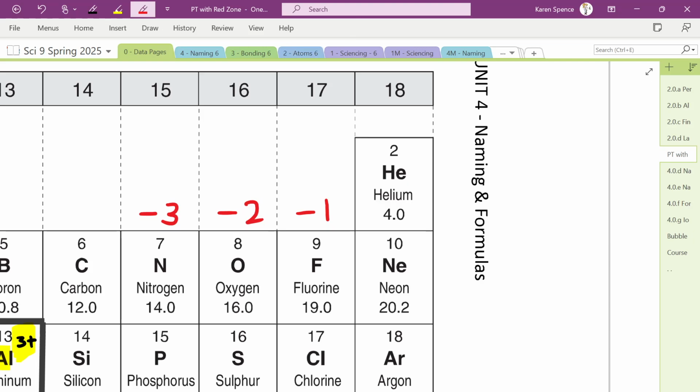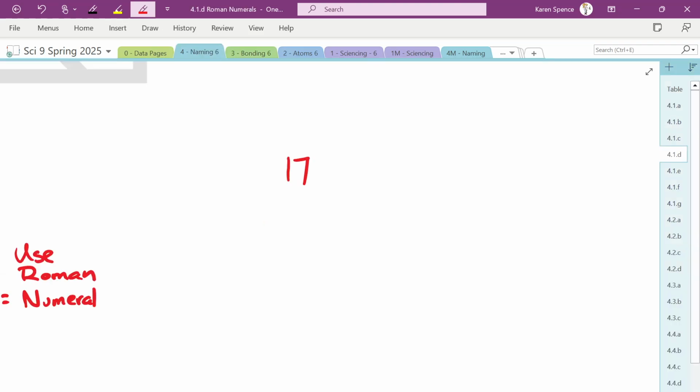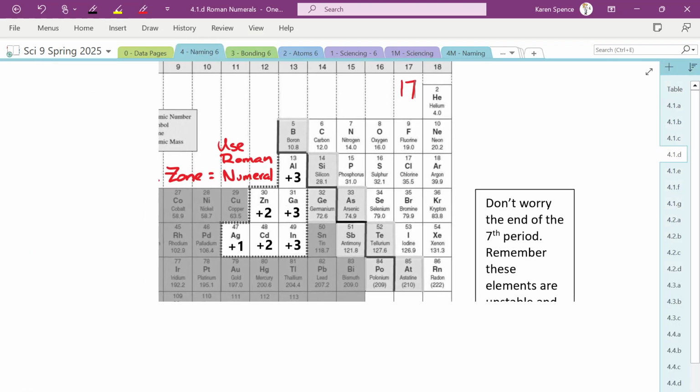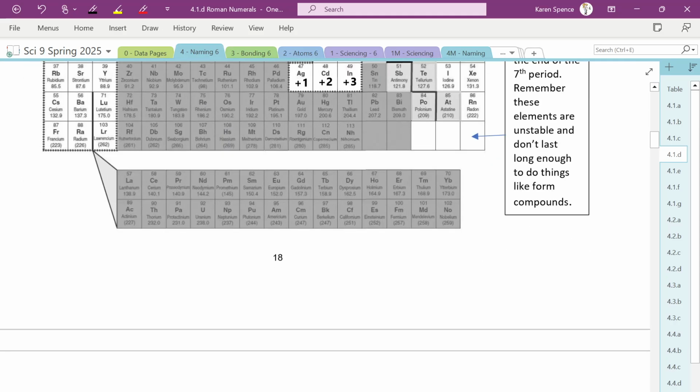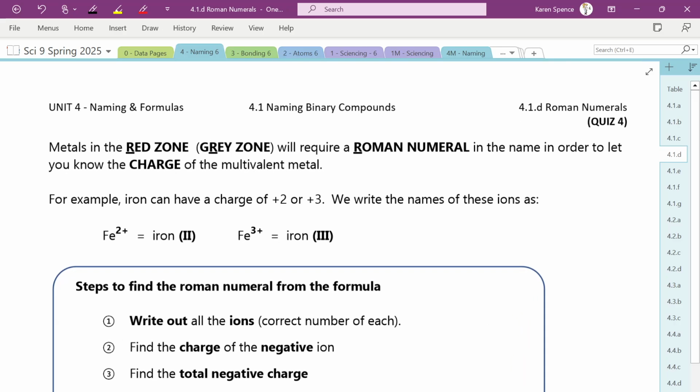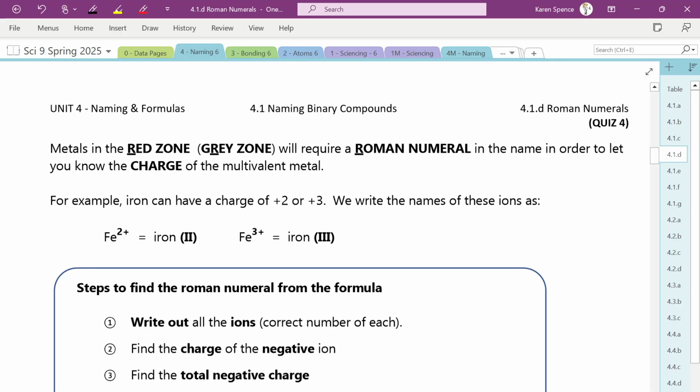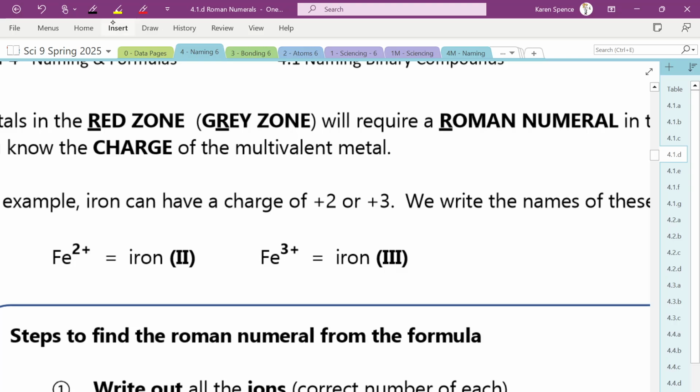All right, back to page 18. Where did it go? There it is. Okay. All right. Page 19. So metals in the red zone need a Roman numeral.